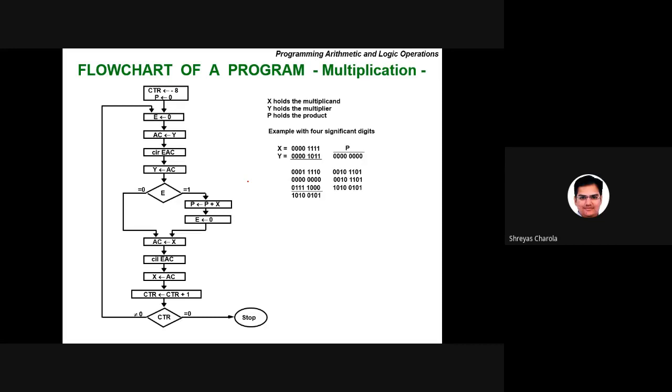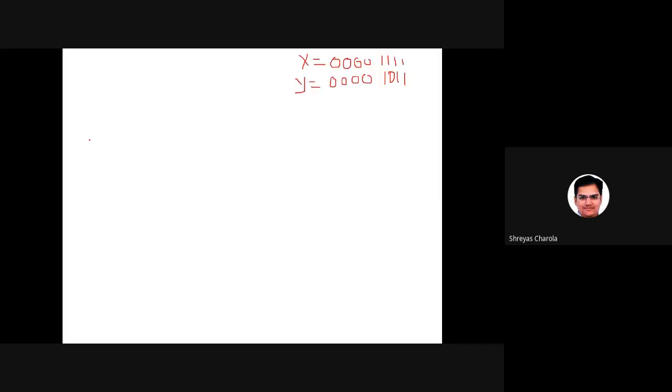Now I'll start from the first. Let me write things over here. That is E, the carry flag. Then I must have one accumulator. Then I'll write X and Y values here. And I'll take a CTR, that is a counter, or if you want, you can write SC, the sequence counter.